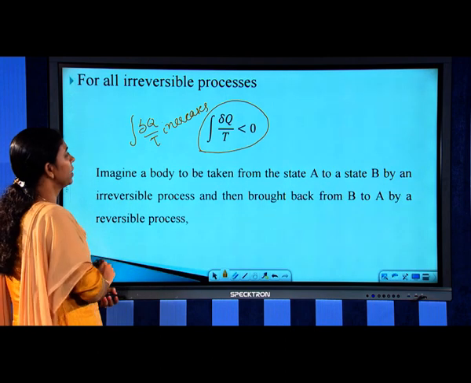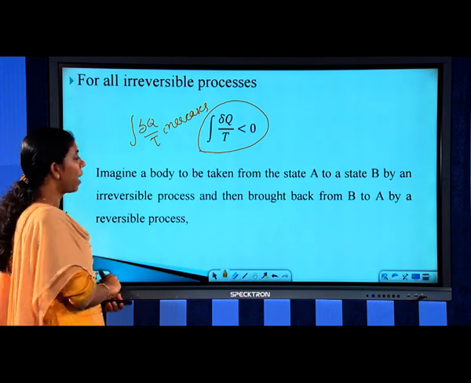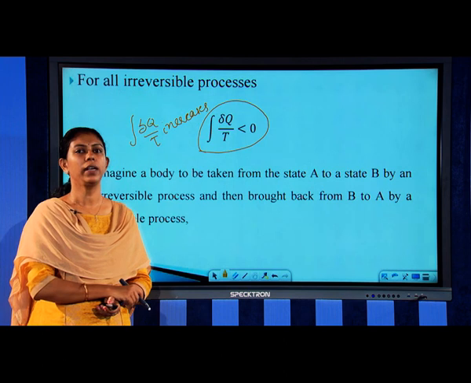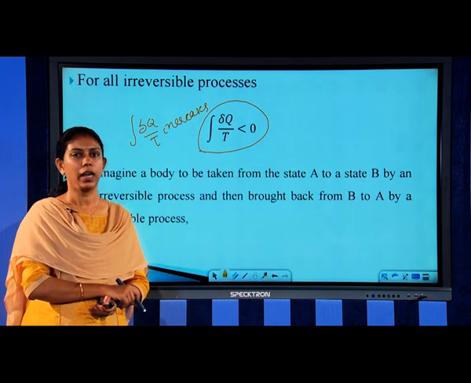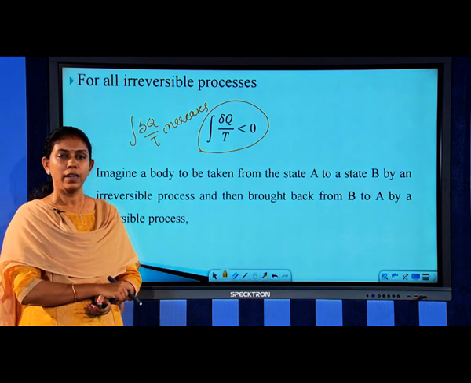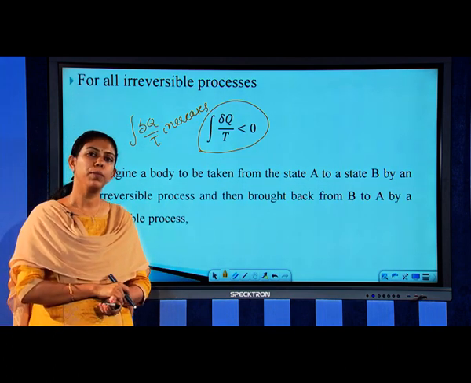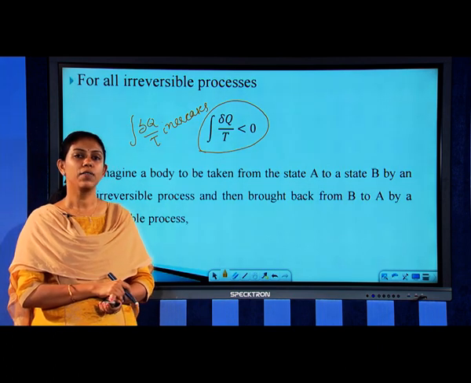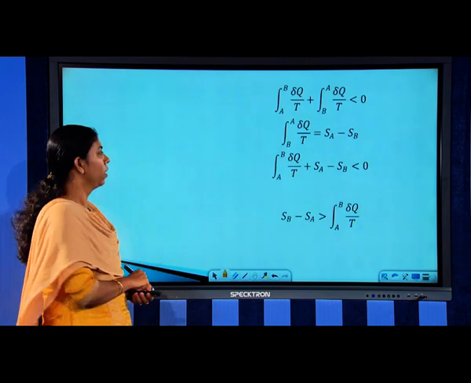The proof of this can be done by imagining a body to be taken from the state A to a state B by an irreversible process and then brought back from B to A by a reversible process.